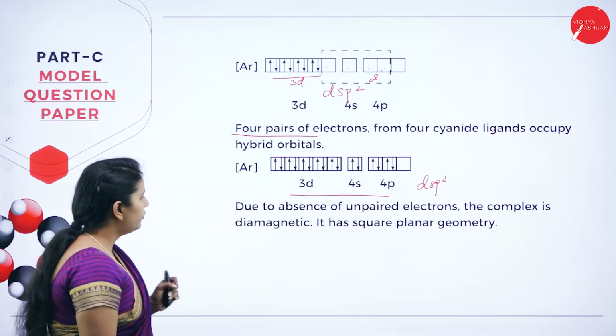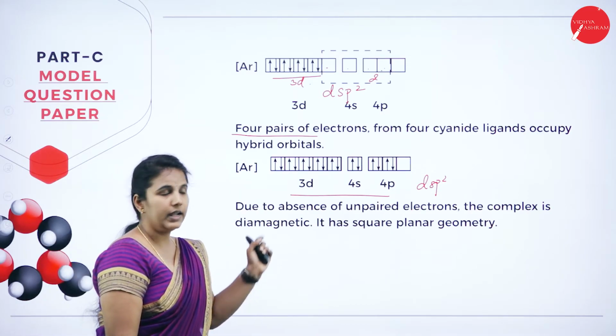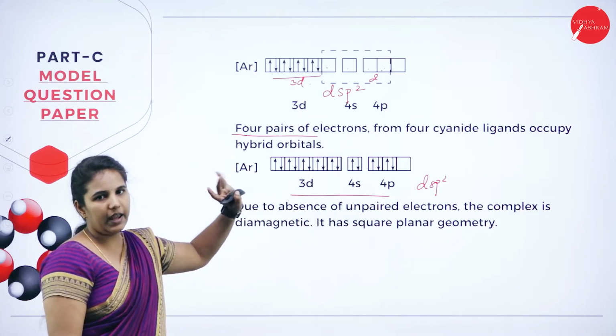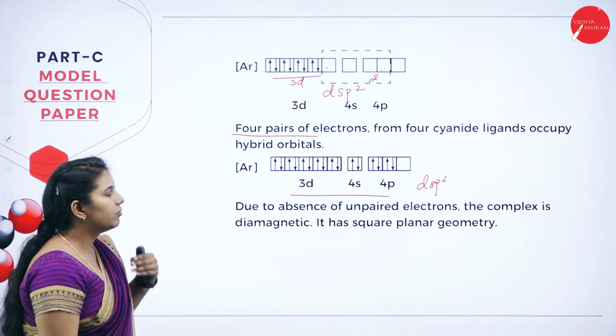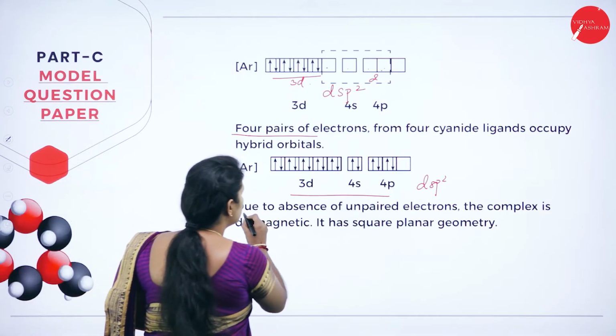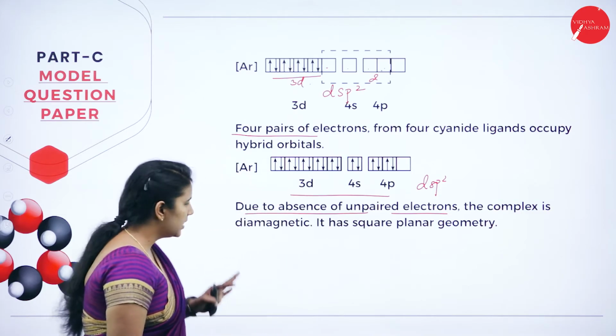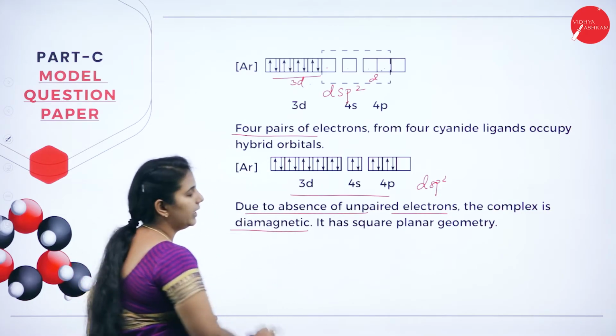After that, you need to say their magnetic behavior if any unpaired electrons are there. You can see that here no unpaired electrons are there. So, due to the absence of unpaired electrons in the complex, it is diamagnetic in nature.